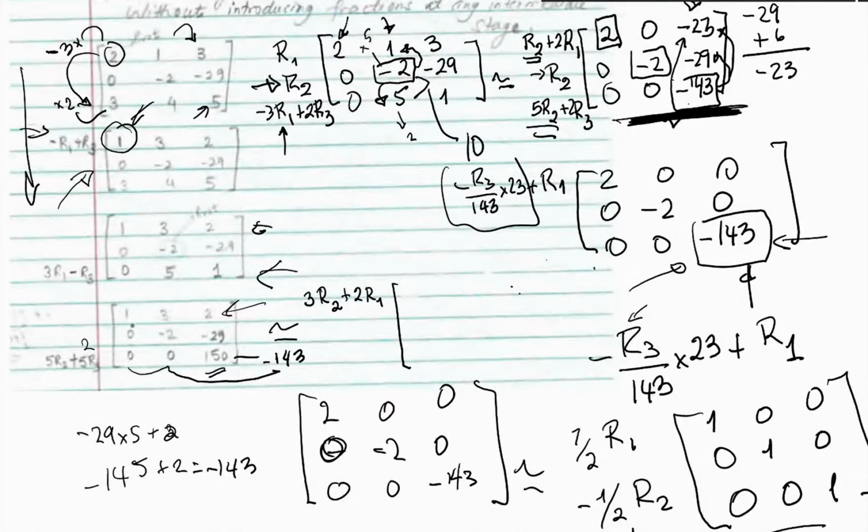Here this is an echelon form, yes or no? But it's not reduced. Just keep going. This is a small error, but it's an error, but this is not important because you are doing it right.